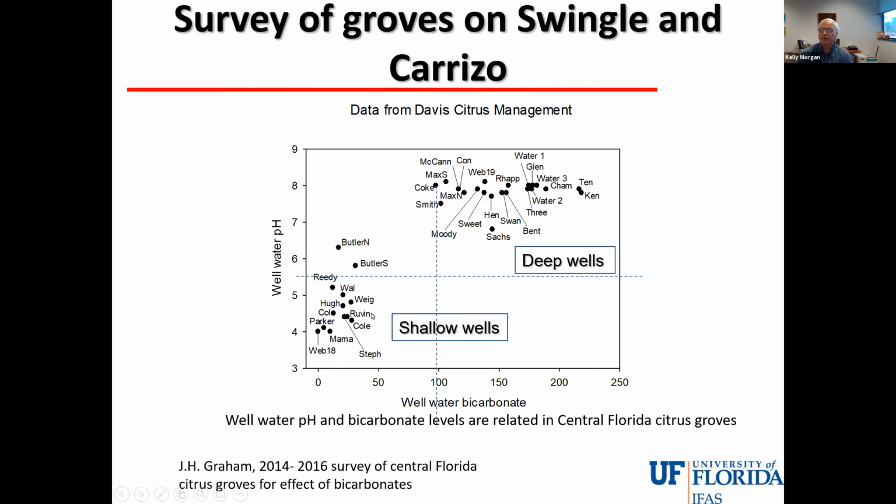If you were using shallow wells, not from the aquifer, the water pH was anywhere from 4 to 5 on the acid side. As the water becomes more acidic, there are fewer bicarbonates in the water, and the opposite is true. As the pH went up, there were more bicarbonates.